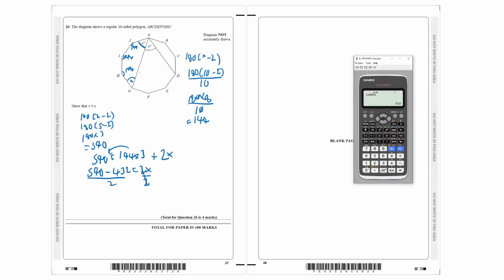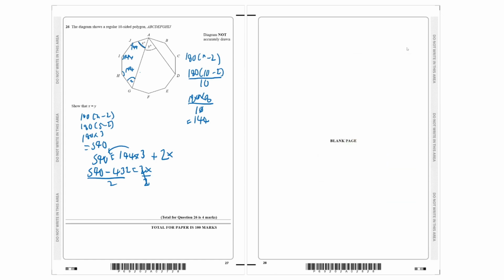So we have 540 minus 432, which is then divided by 2, which gives us 54. x is equal to 54 degrees. So x is 54.